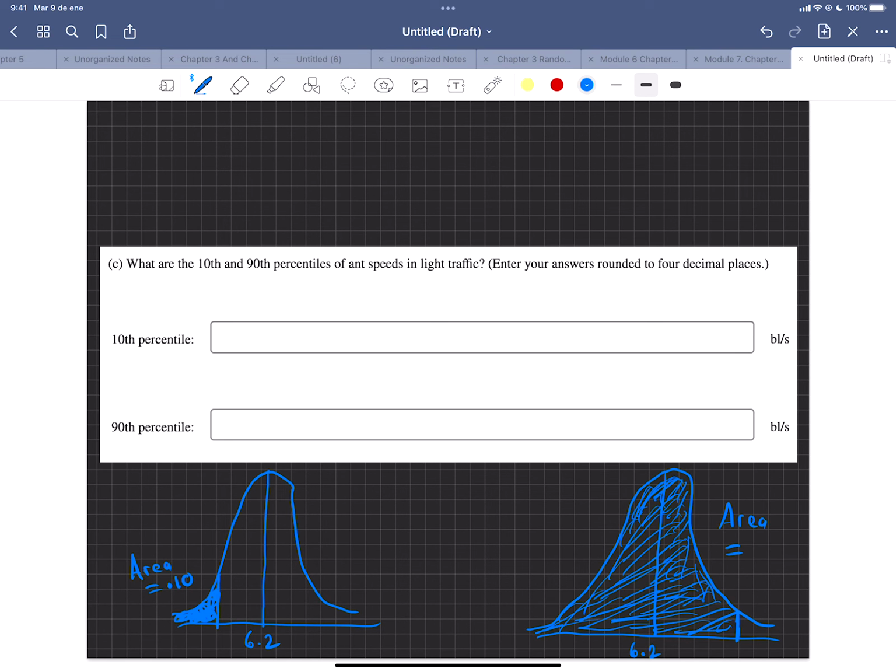Area equal to 90% or 0.90. So we're looking for what values here and here make this and this possible.